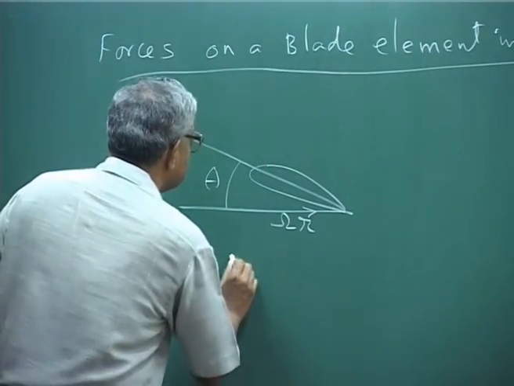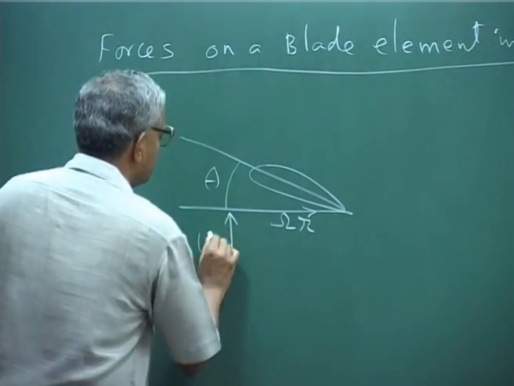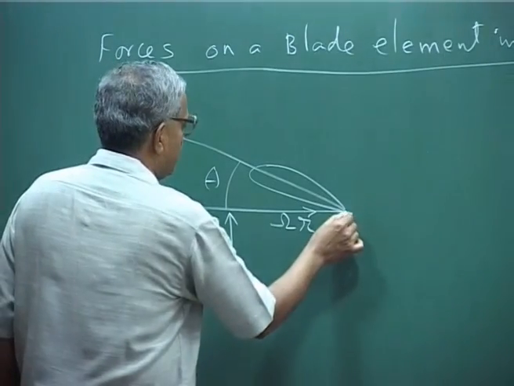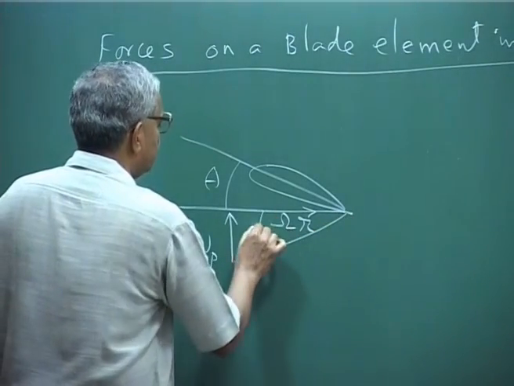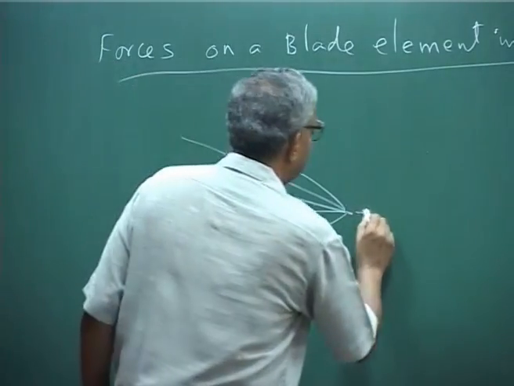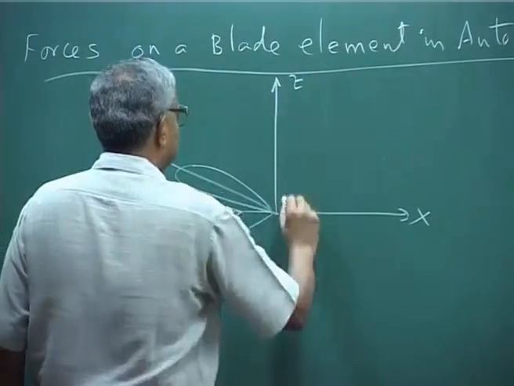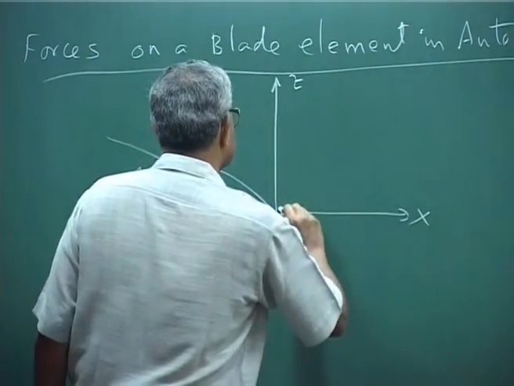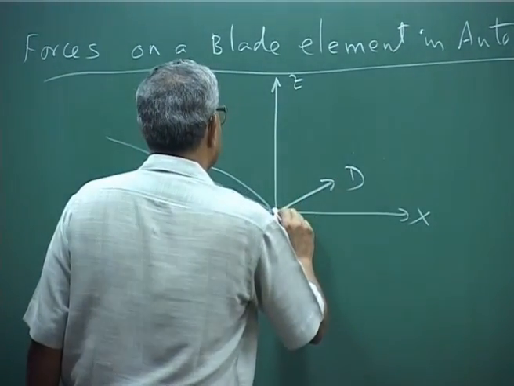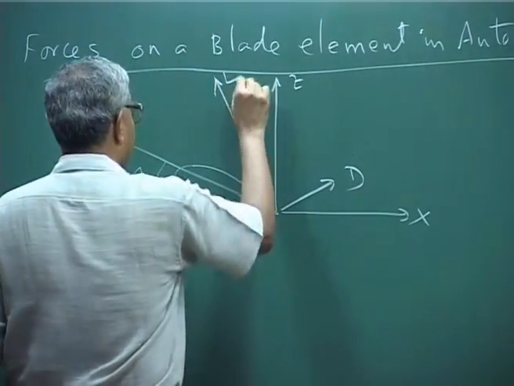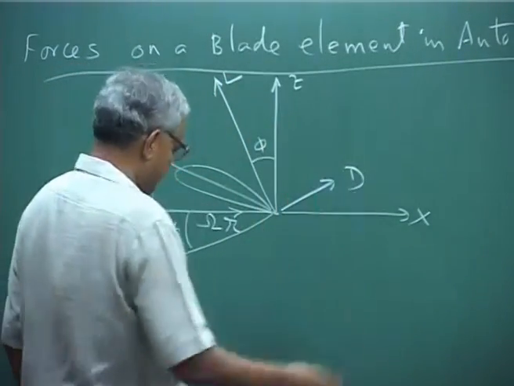Because this is descending, you have a u p, this angle you call phi, and let us say this is x, as last time, and the resultant, and this angle is phi.